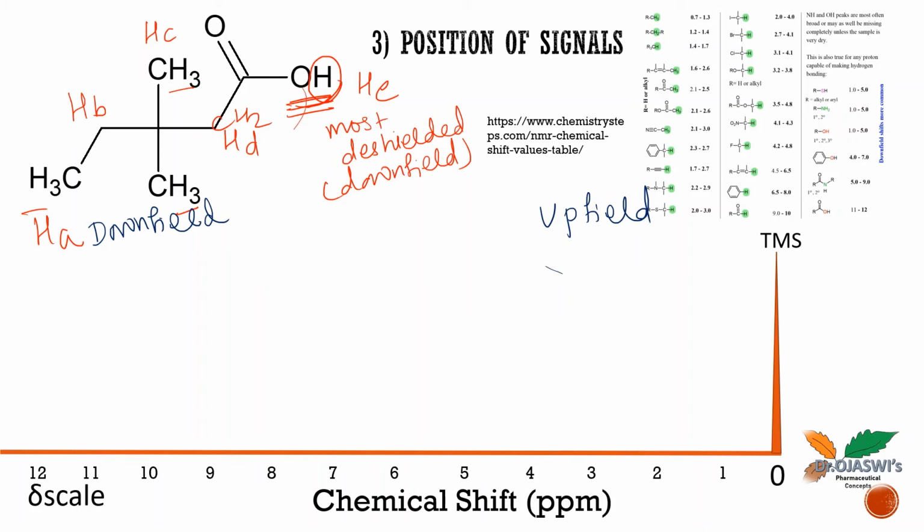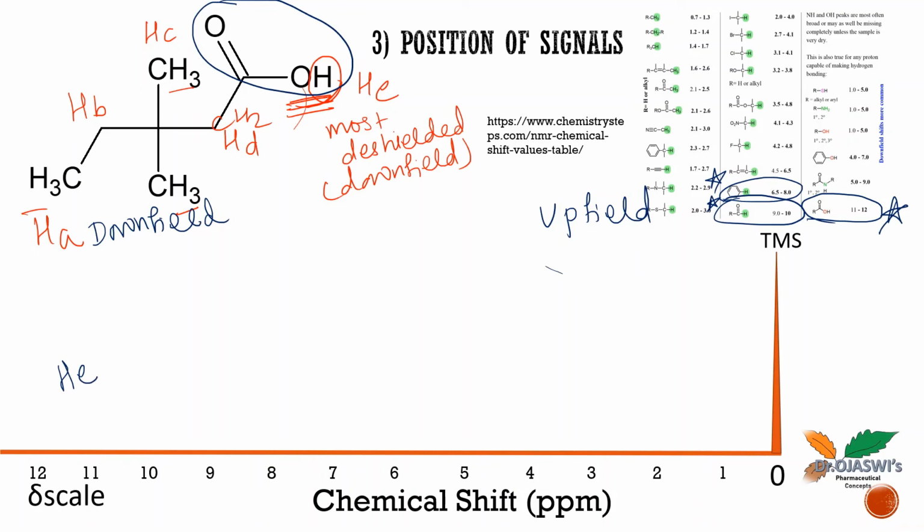Now in the chart, if you see, this is the carboxylic acid, and very characteristic for carboxylic acid is this value. This one you have to always remember. Rest of the values you can try to guess. So this peak of He will appear over here in this range between 11 to 12.